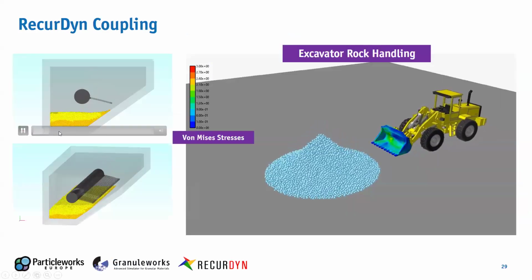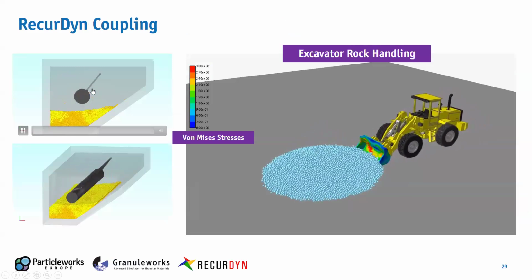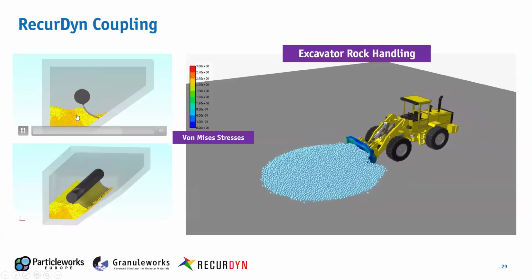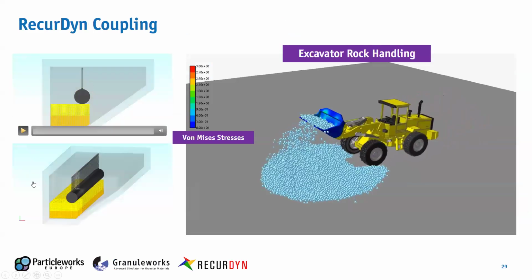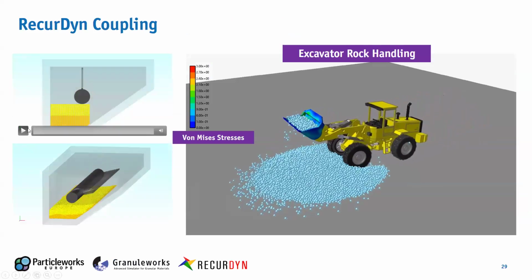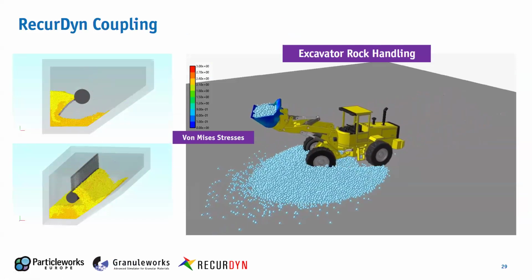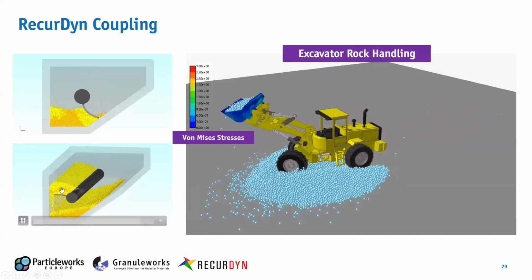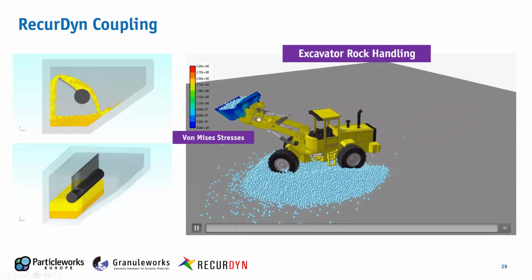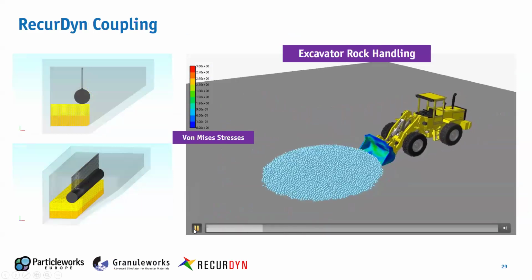So you can see here on the left, there is a coupling between the fully flexible solid body and the granular material. So very complex meshless simulations are available for more complicated mixing systems. And this can also be applied in machinery or civil engineering types of application as mentioned.